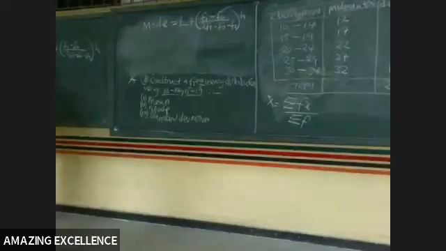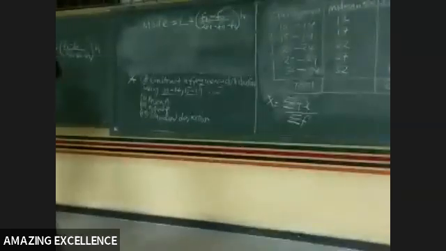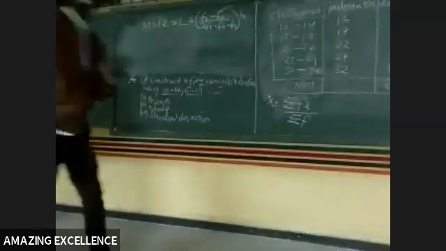Okay, now let me define the following for you. In layman's language, you say the mod is the most frequent number. The most repeating. Now listen. So the mod is the most what?